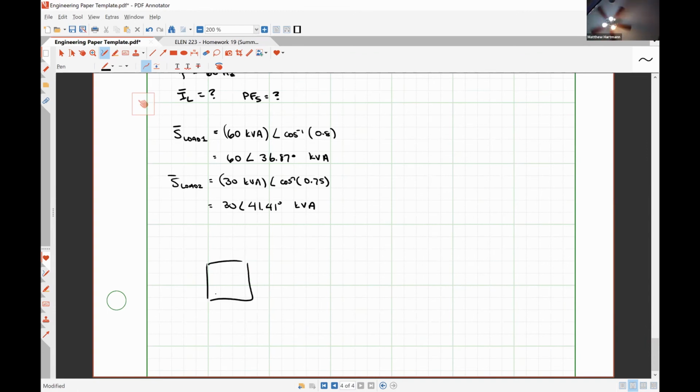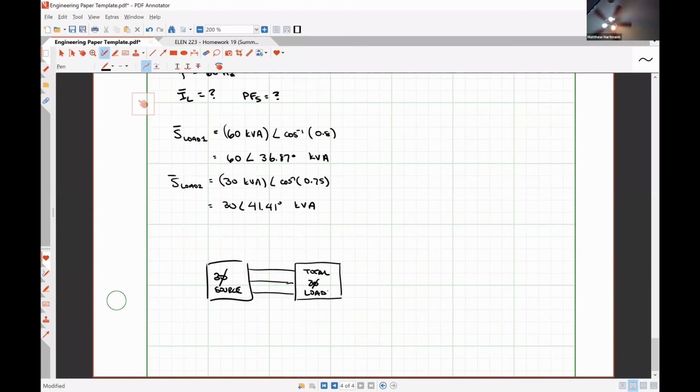We have a 3-phase source, and there are going to be 3 line currents, and then we have this total 3-phase load, presumably those 2 loads connected in parallel.